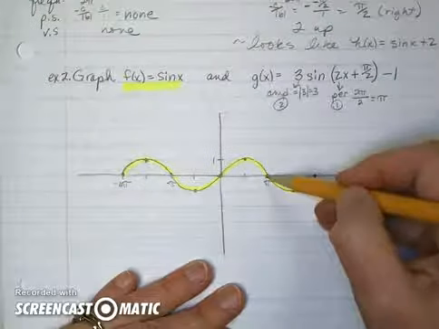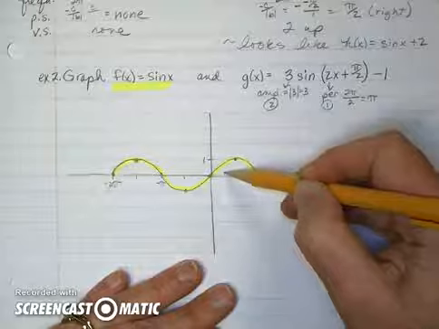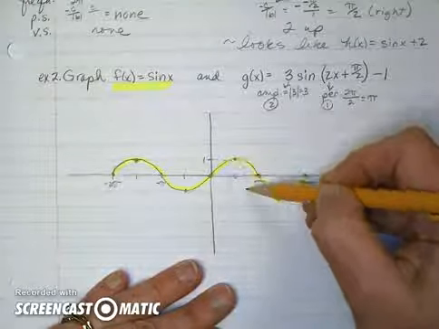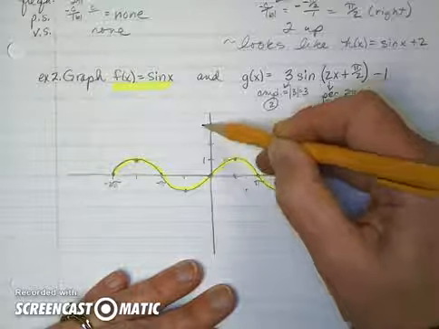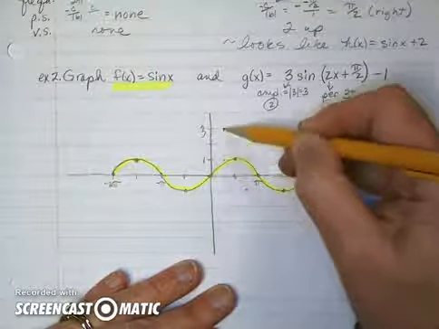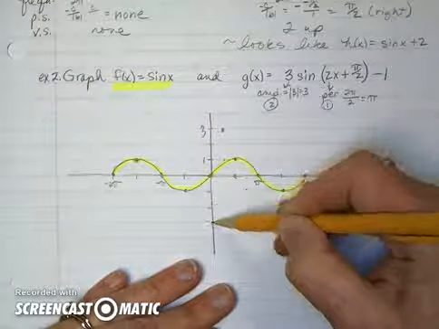So this is where it's going to cross. And it's going to peak here, and it's going to peak here. But we're not going to peak here, we're going to peak at 3. So we're going to come all the way up to 3, and we're going to come down to 3.